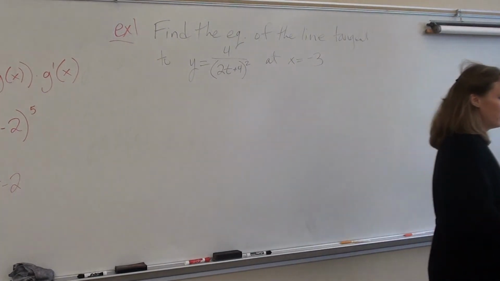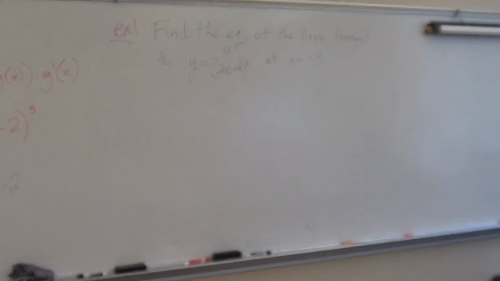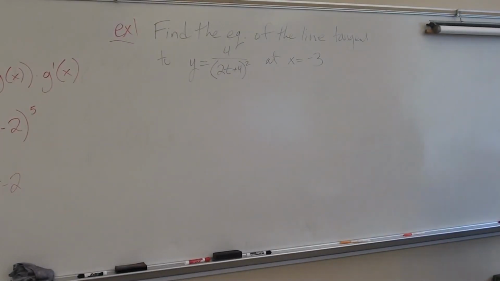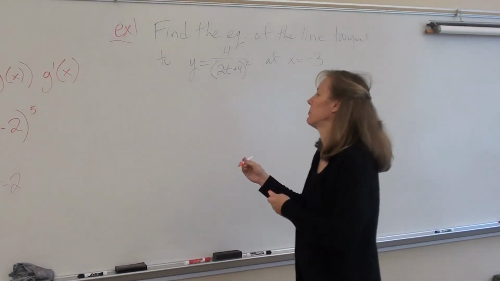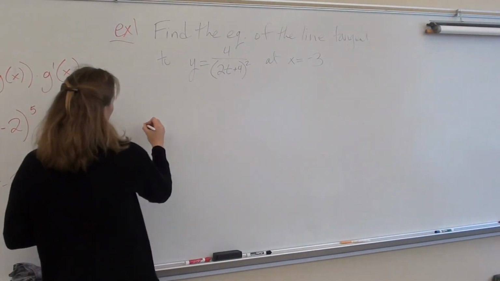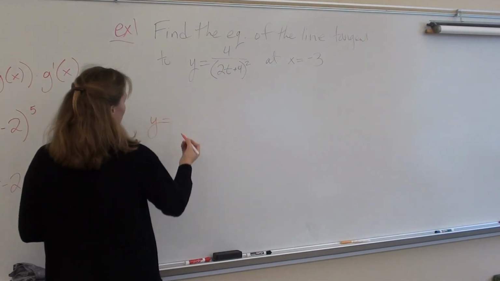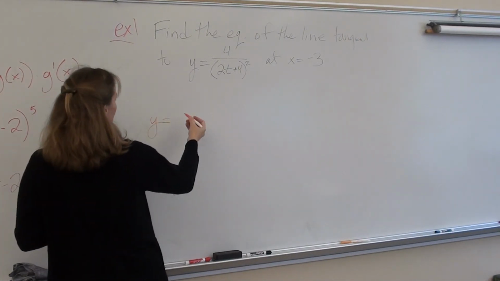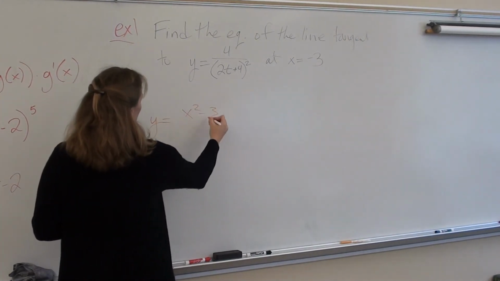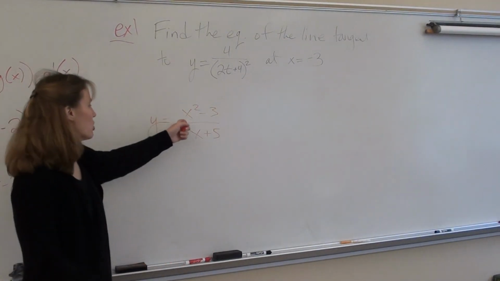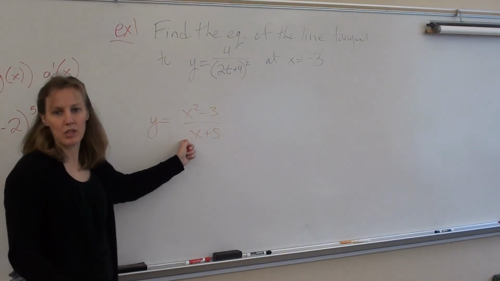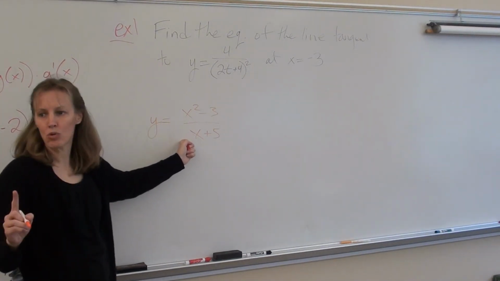Now I have a little bit of advice to give you today. Before you start tackling this problem, just hear my voice for a moment. If you are given a function with x's over something with x's, variables over variables, then you should always do quotient rule.